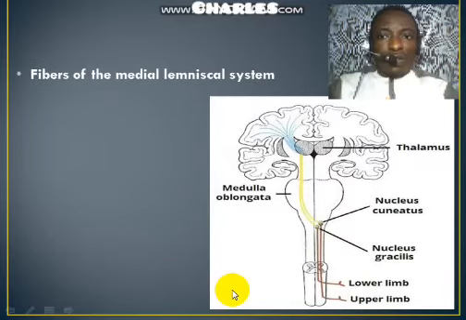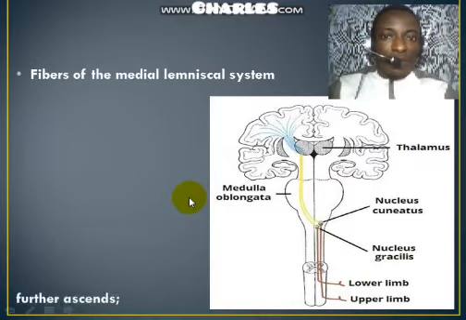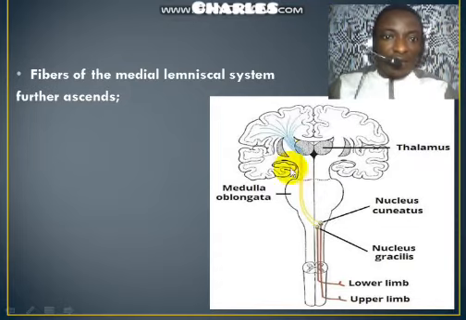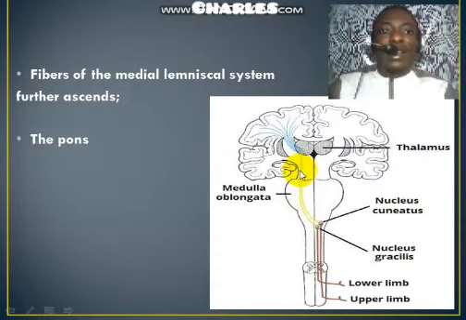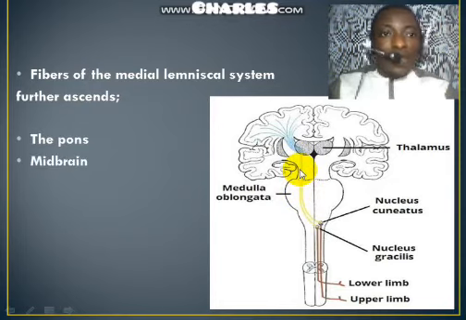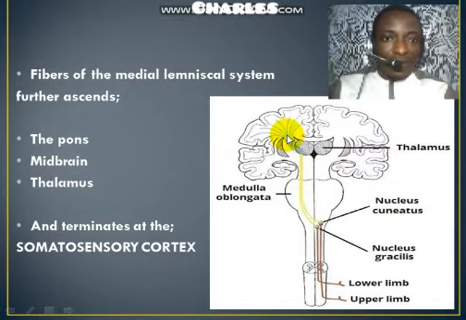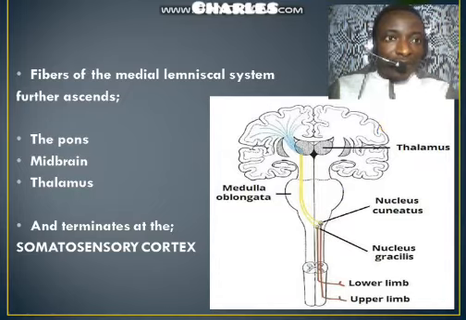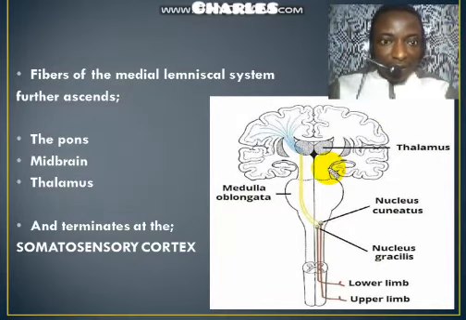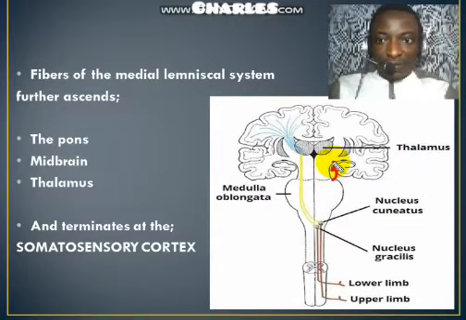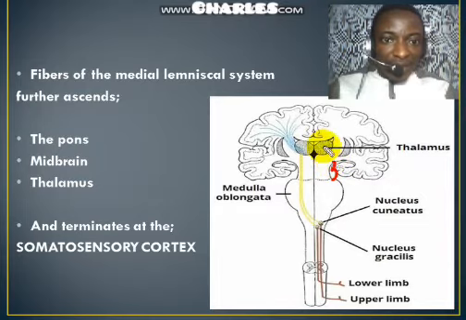Now, the fibers of the medial lemniscal system further ascend. This is the medial lemniscal system. It further ascends the pons, the midbrain, and the thalamus to reach where? The somatosensory cortex. Now, we have this area, the pons, the midbrain, and this is the thalamus.